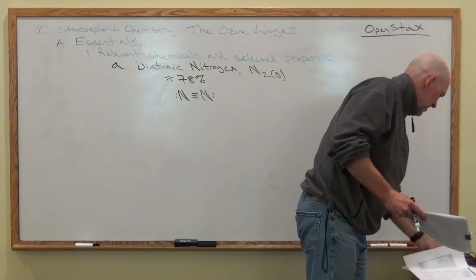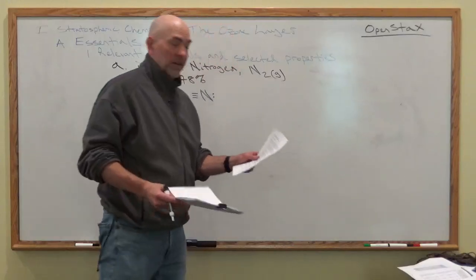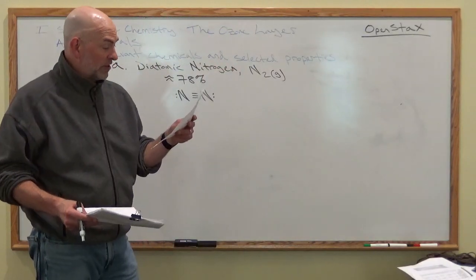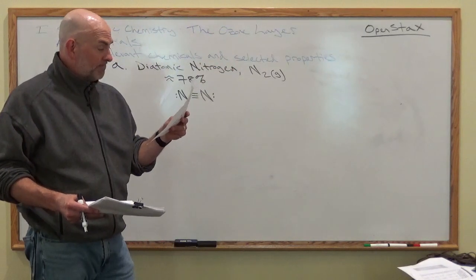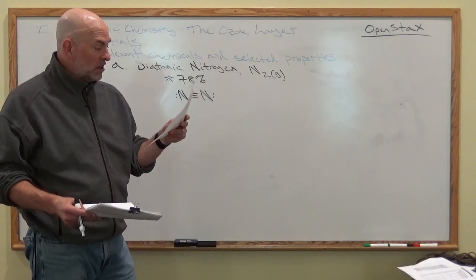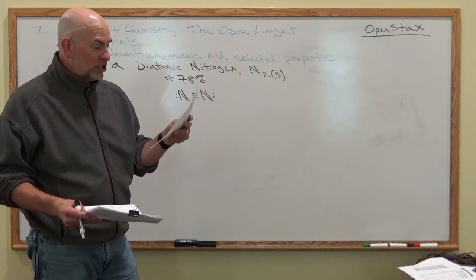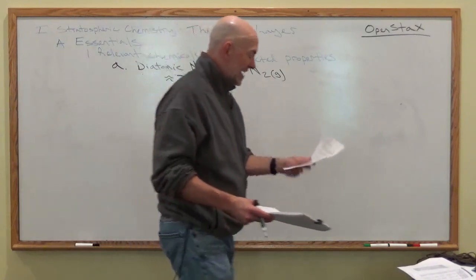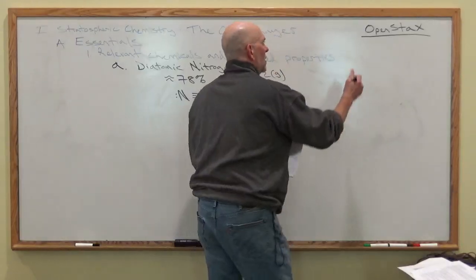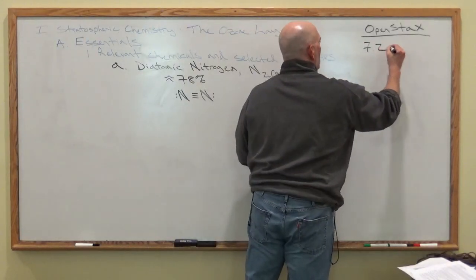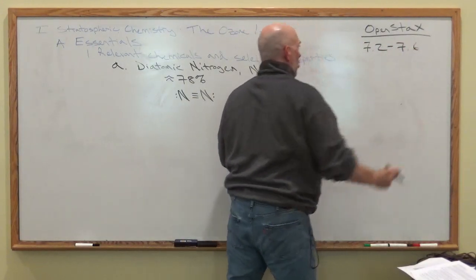The first page of the chapter of the book does not reference this. It's a big chunk, you don't have to do all of it, but OpenStax sections 7.2 to 7.6 are worth reviewing.